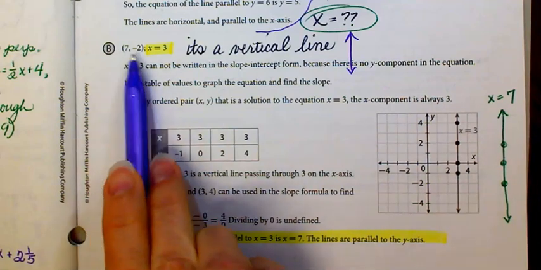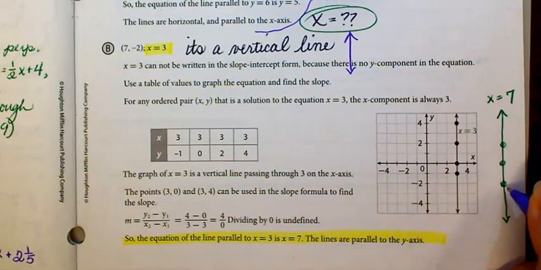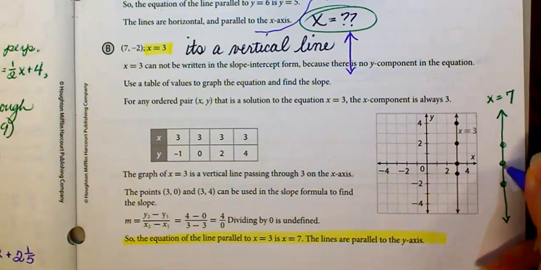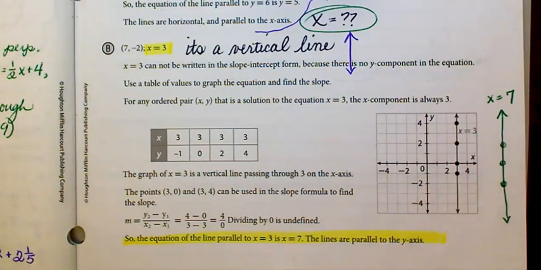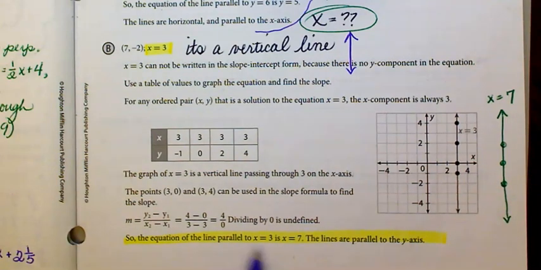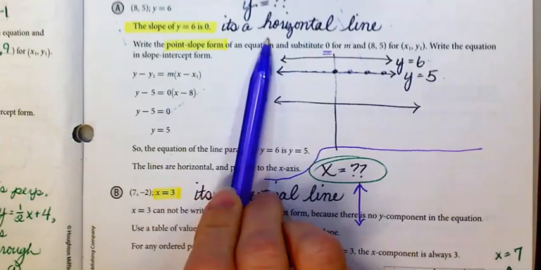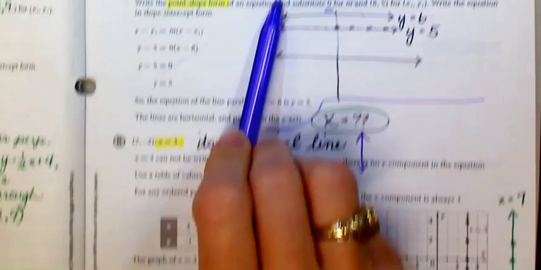They gave you (7, -2), which is down here, but it would also go through (7, 0), (7, 2), etc. So the equation of the line parallel to x equals 3 is x equals 7. And the lines are parallel to the y-axis. So vertical lines are parallel to the y-axis, horizontal lines are parallel to the x-axis.